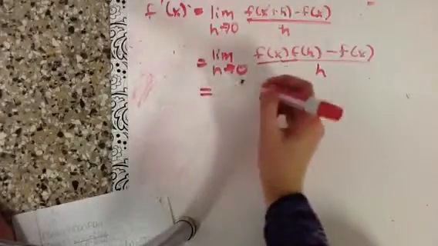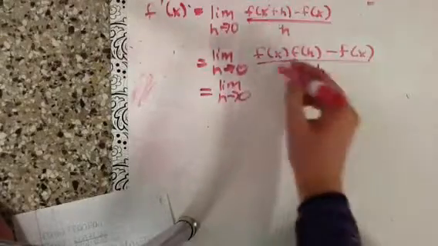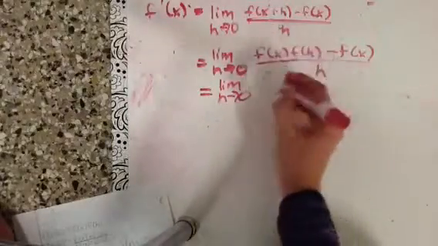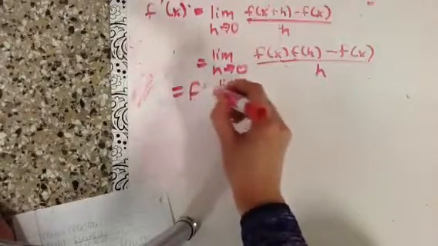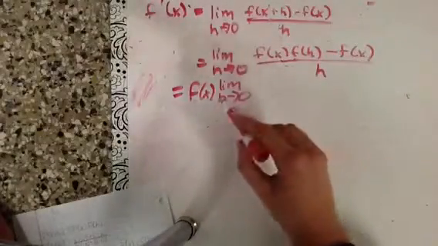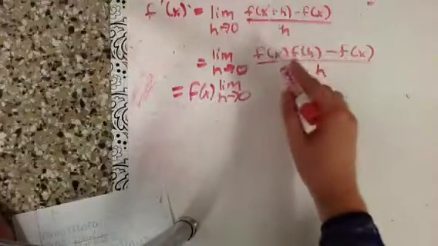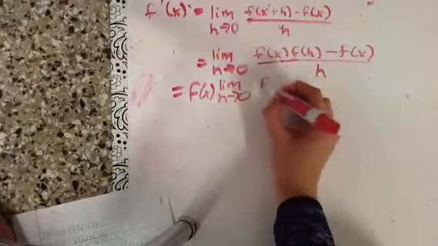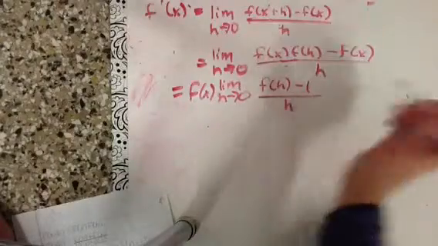Okay, now we have a common factor, which is f of x, and we can take out f of x and put it before the limit, because we're talking limit as h approaches 0. So this can be factored out. So now all we have left is this.